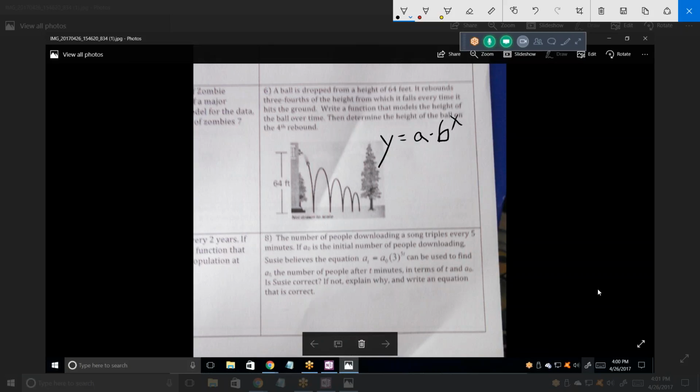Now, what do you think b is? I think b is 3/4. Yeah. In other words, every time it bounces up, it only bounces up 3/4. So the function that's going to get expanded is 3/4.